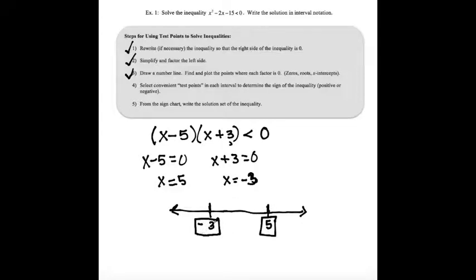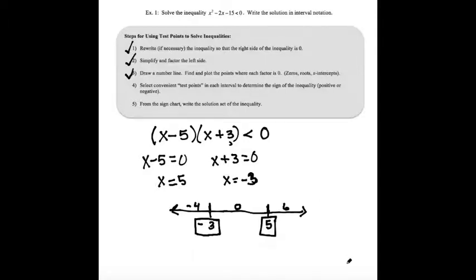So the first section is all of the numbers less than negative 3. So I'm just going to pick negative 4. Then I'm going to pick a test point between negative 3 and 5. I'm going to pick 0 because that's easy. And then I'm going to pick a number greater than 5. So I'm going to pick 6. Okay? So that's select the test points and determine the sign of the inequality.